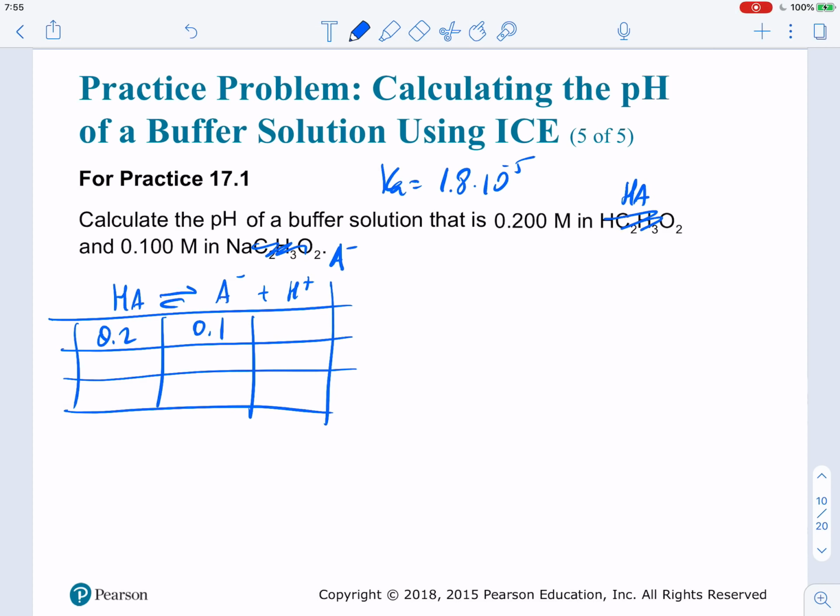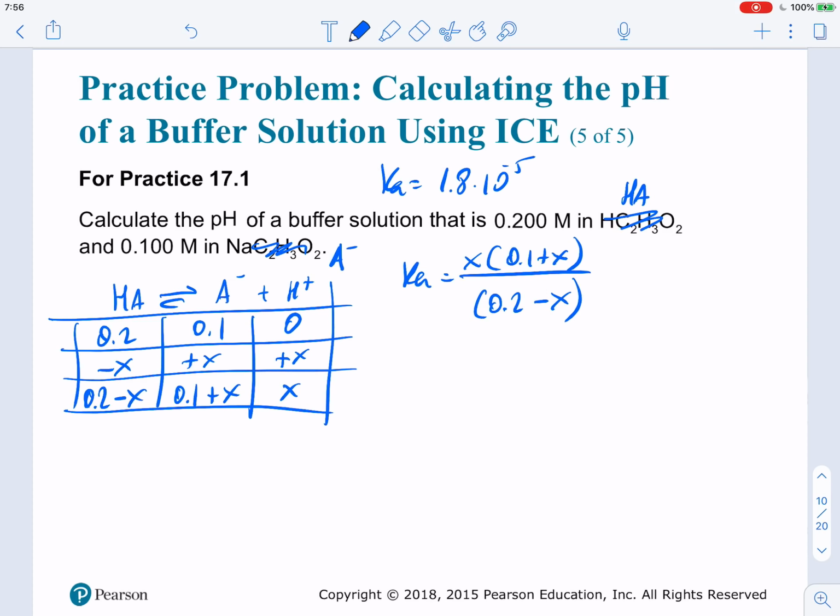We have 0.1 of the base, 0 for H plus, minus X, plus X, plus X. Here we end up with 0.2 minus X, 0.1 plus X, and X. Ka is equal to X times 0.1 plus X over 0.2 minus X. The concentrations are still pretty high compared to the acidity constant, so we can keep our assumption, and then Ka is equal to 1/2 of X because of these two numbers here, which makes X equal to 2 times Ka, and that's equal to 3.6 10 to the negative 5.